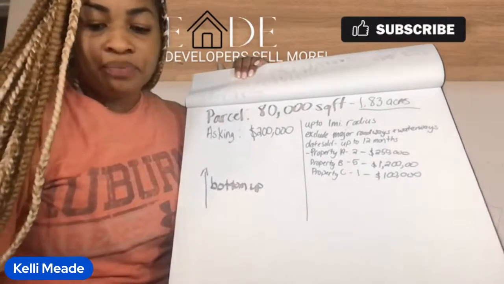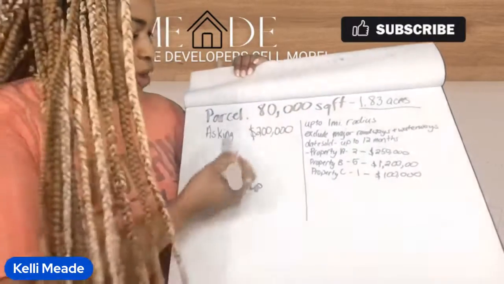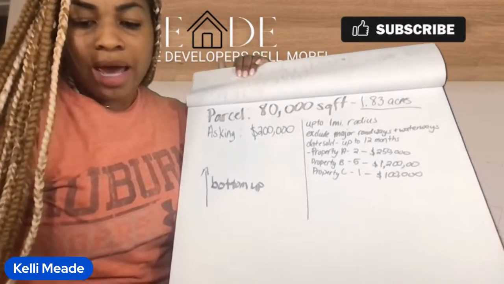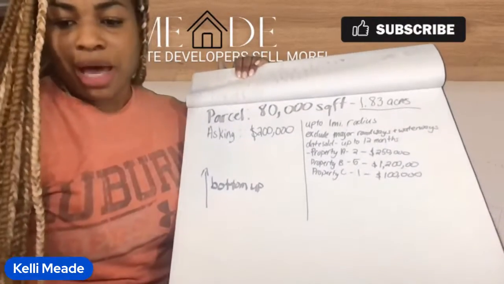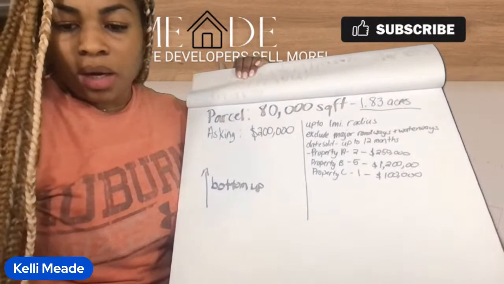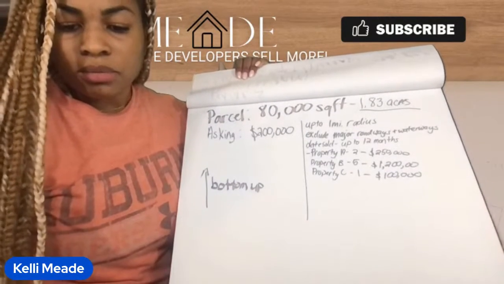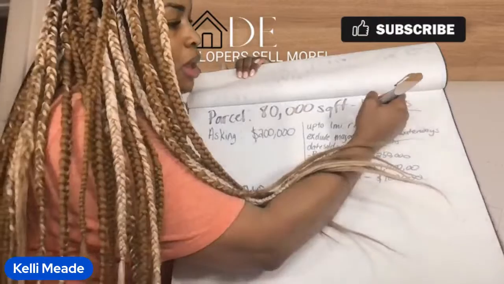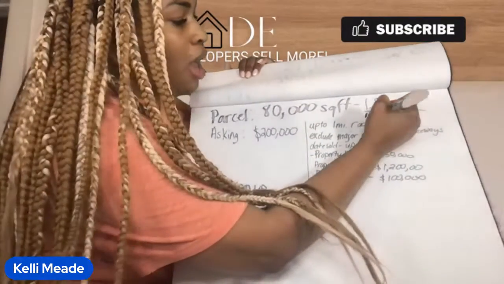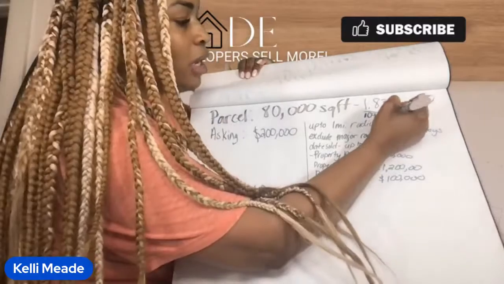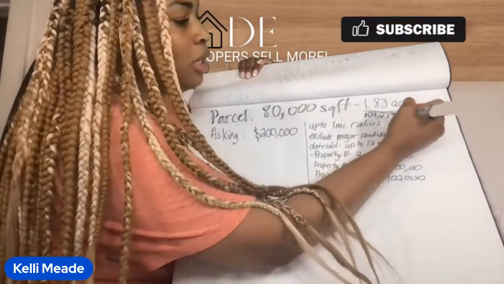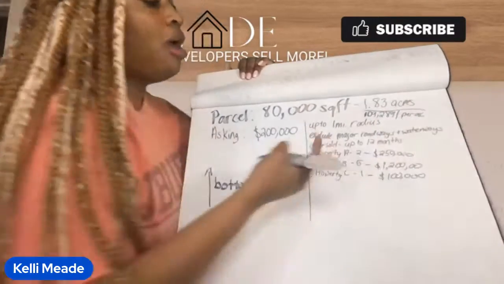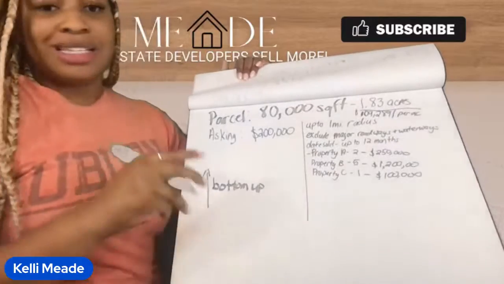For our subject property, if they're asking 200,000 for 1.83 acres, they're looking for about 109,289, and we'll leave out the cents, per acre. That's what they're looking for per acre as far as the sale goes.